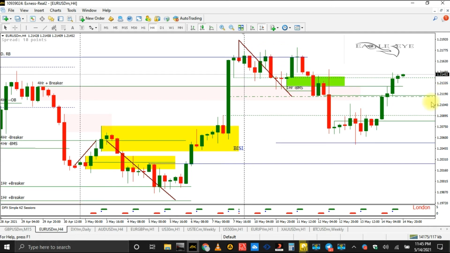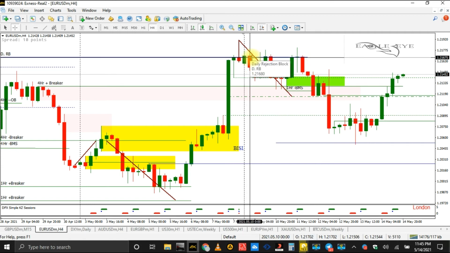But just for flexibility's sake, I was giving price more range to operate, so I had to increase the range. If I was to take a trade on Monday around this area, then my stop loss should be above this high.